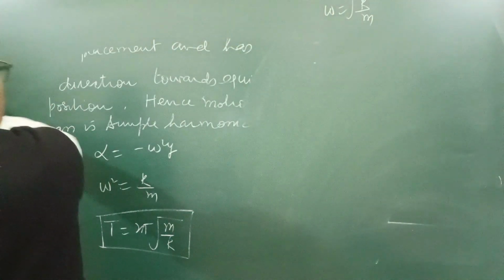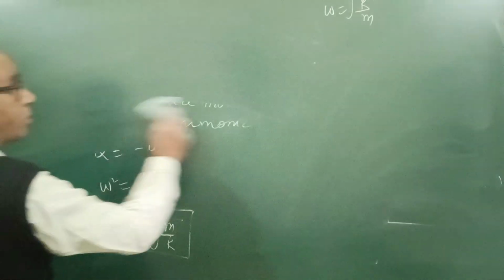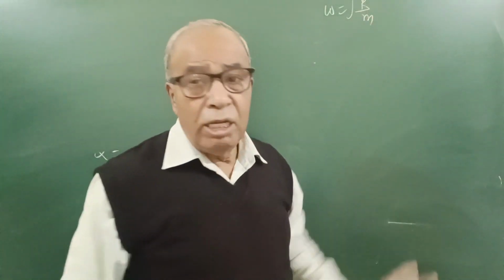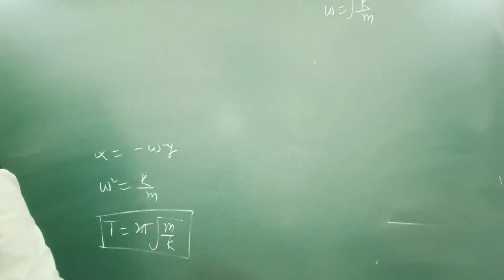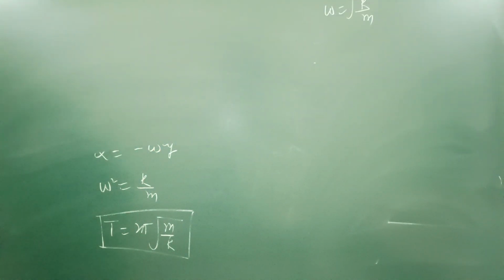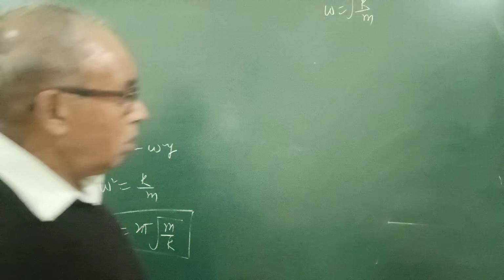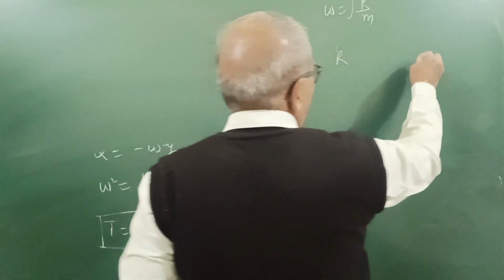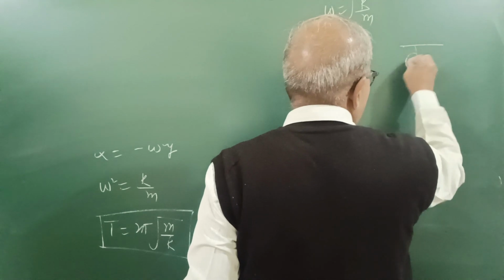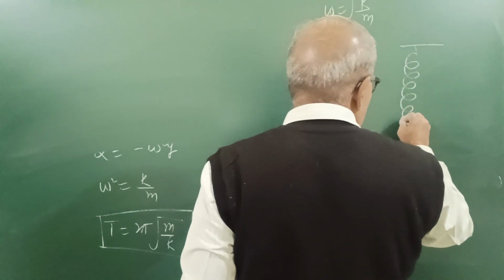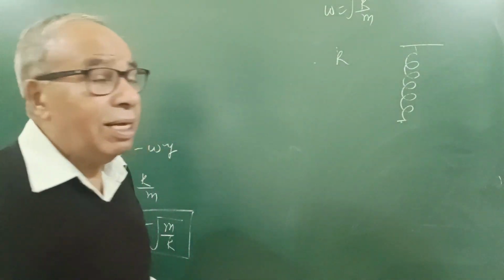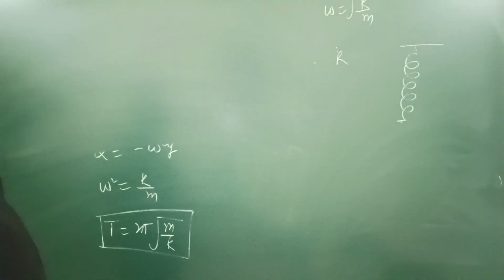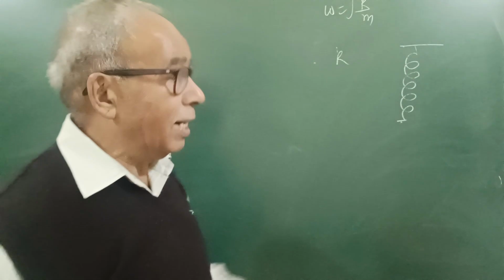Now I want to tell something about k, the spring constant. It is an elastic property of the spring. We have learnt Young's modulus. So what are the factors on which the value of k depends? I told you material means Young's modulus, elasticity of material.